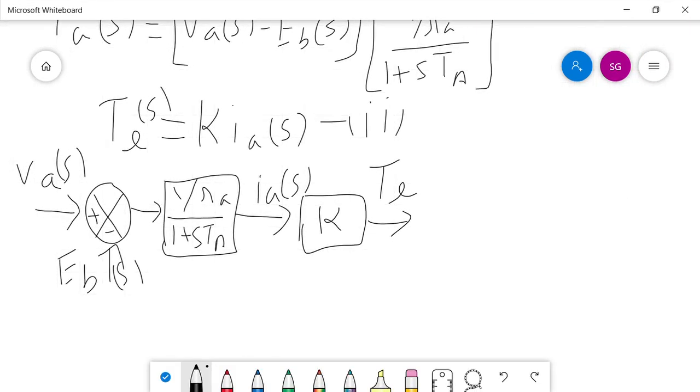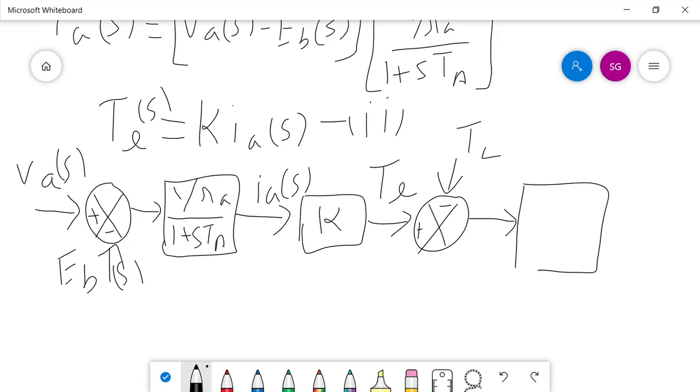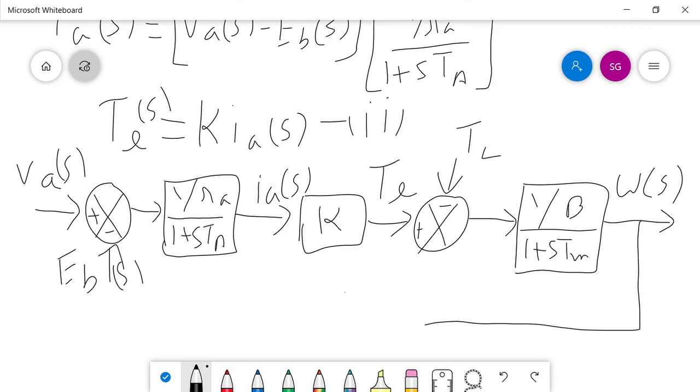So TL will be subtracted, then the gain will be there. How much is the gain? 1 upon B divided by 1 plus STM. This will give your omega S. Okay, so this omega, when multiplied by the machine constant, will give your EB.